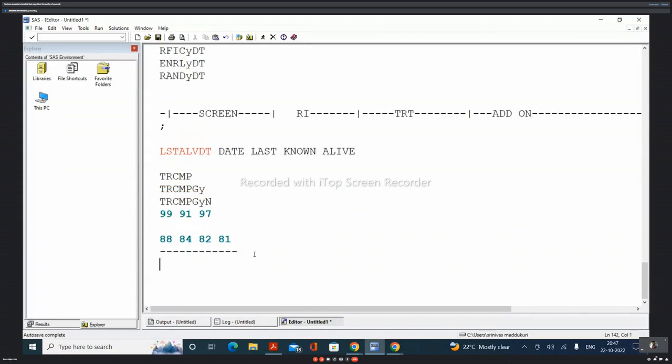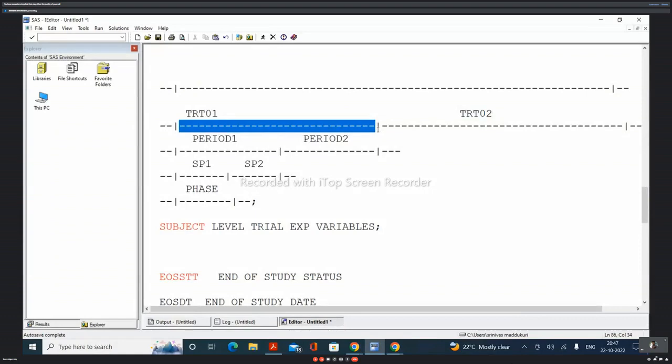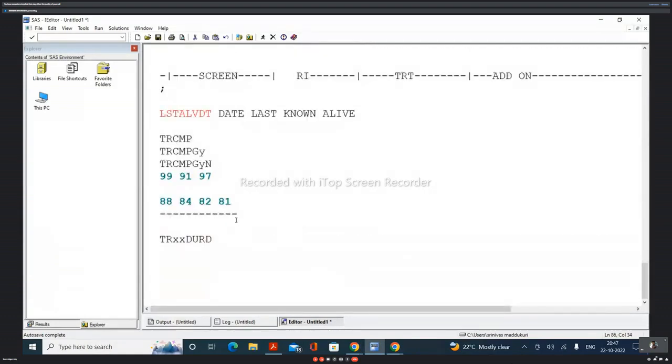Then we are going to have treatment exposure duration in number of days. So for example, I told you here we have a number of treatments. What is the duration of each treatment? You should write the duration in number of days, and you should write the treatment exposure duration in months, duration in months.